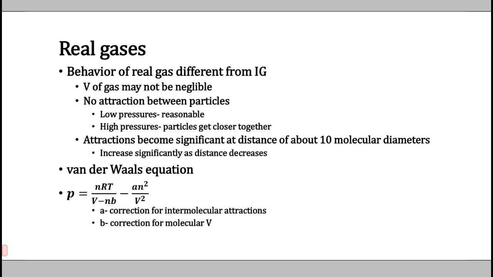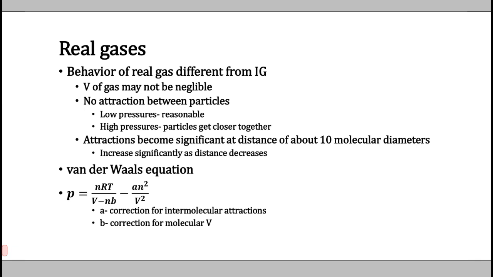Something that you aren't really going to be tested over, but that you should be aware of: the ideal gas law works really, really well for approximating many things. It's a really good estimate. But real gases will have behavior that differs a little bit from ideal behavior.